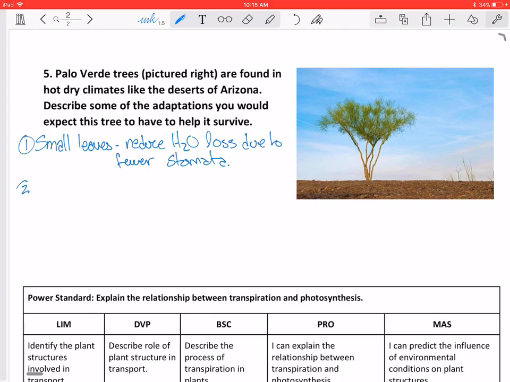Another one that you could have listed, and I talked about this specifically with my students, is that Palo Verde trees in particular have photosynthetic bark, to make it so that they can produce enough glucose for their whole system. And that's really, again, to reduce water loss due to fewer stomata.